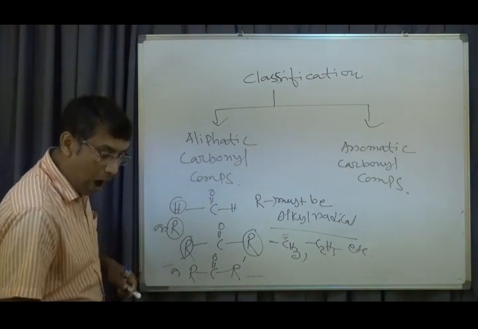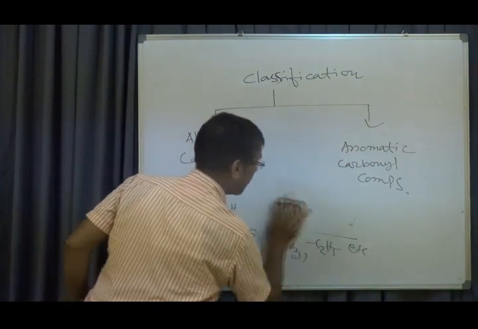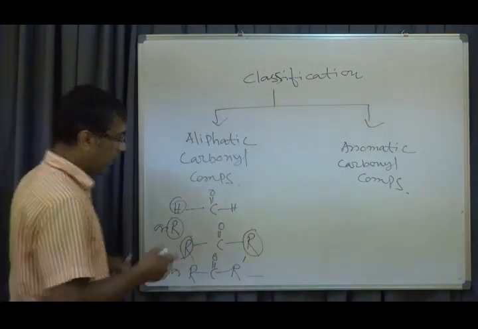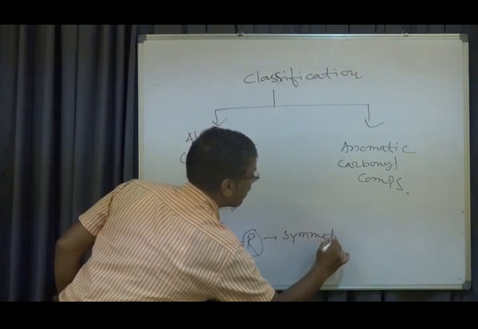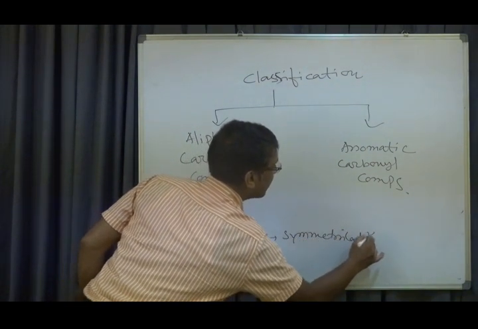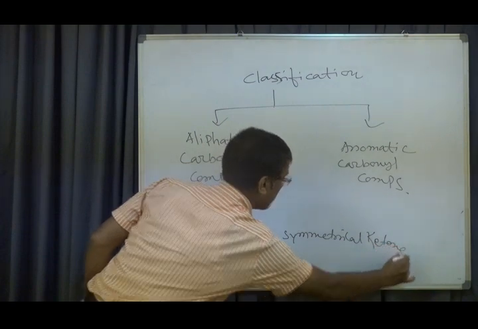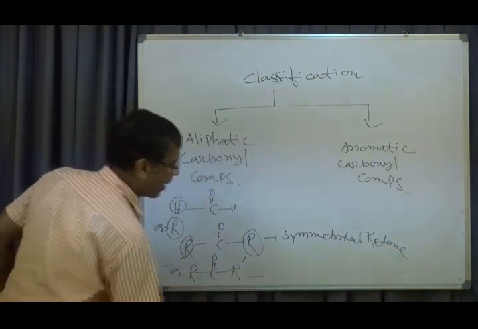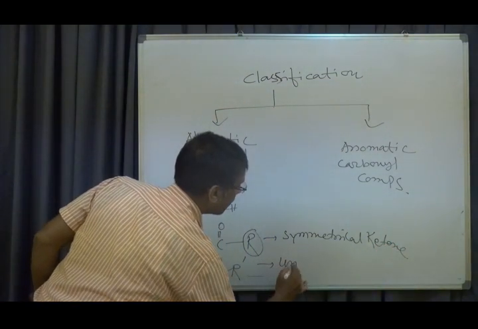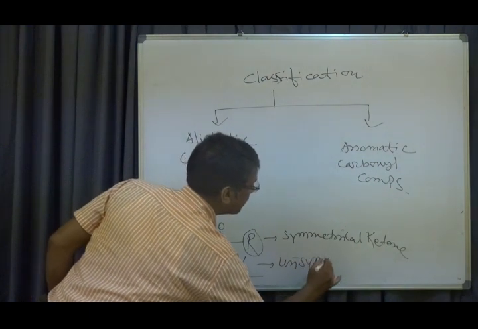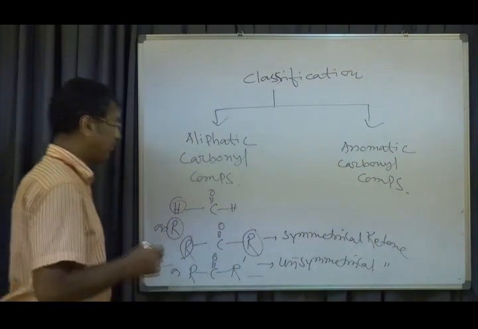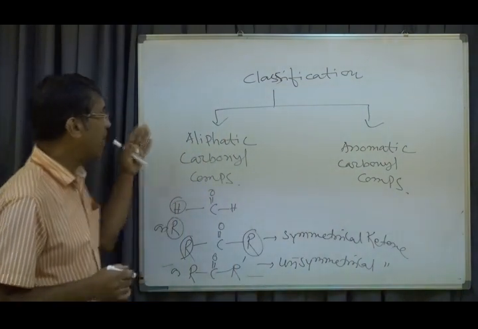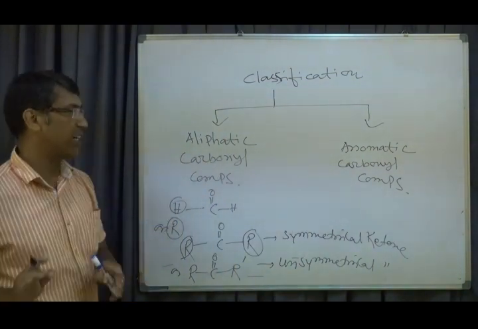If the R are the same, then it is symmetrical ketone. If R and R dash are different, then it is unsymmetrical ketone. So what is aliphatic carbonyl compound? It is clear to us.